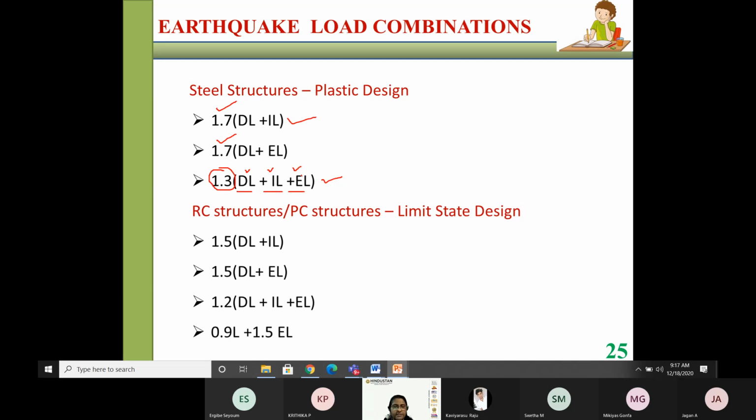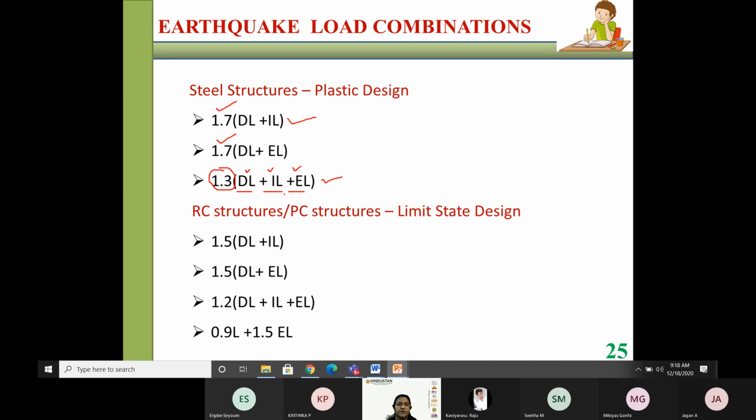So when we consider building analysis, the chances of these three loads occurring together is less. So you don't have to design that member for a higher load when there is an earthquake load along with the dead load and live load. You can even reduce the load. So that is why the factor of safety is less.